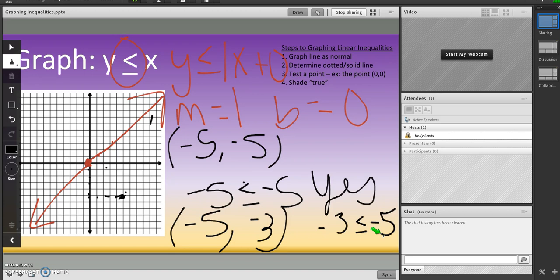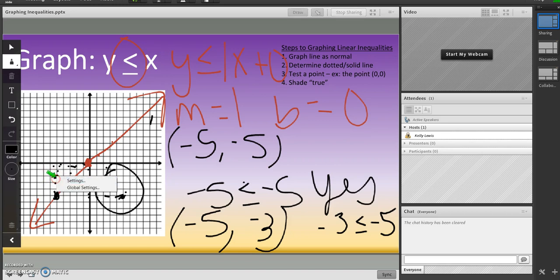Oh, hang on, guys. This is not -5, 5. 1, 2, 3, 4, 5. 1, 2. This is -5, 5. Silly girl. It's on the line. All right, let's test -5, -3. I was doing the opposite.